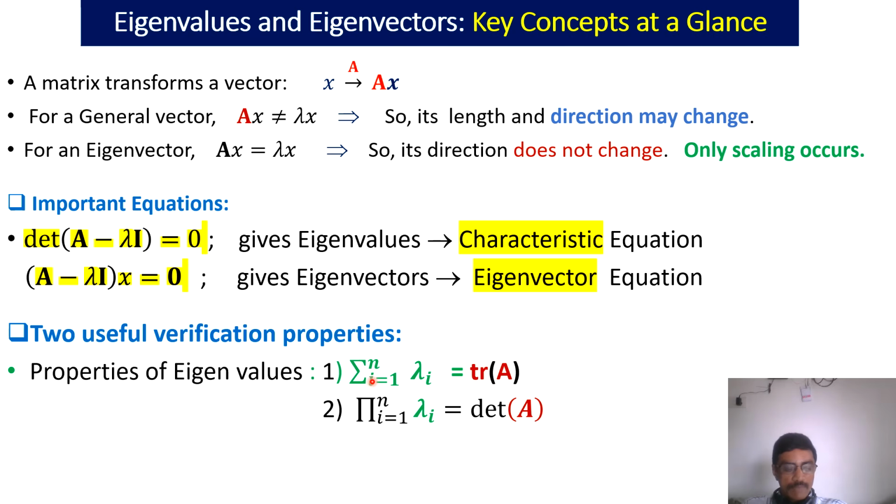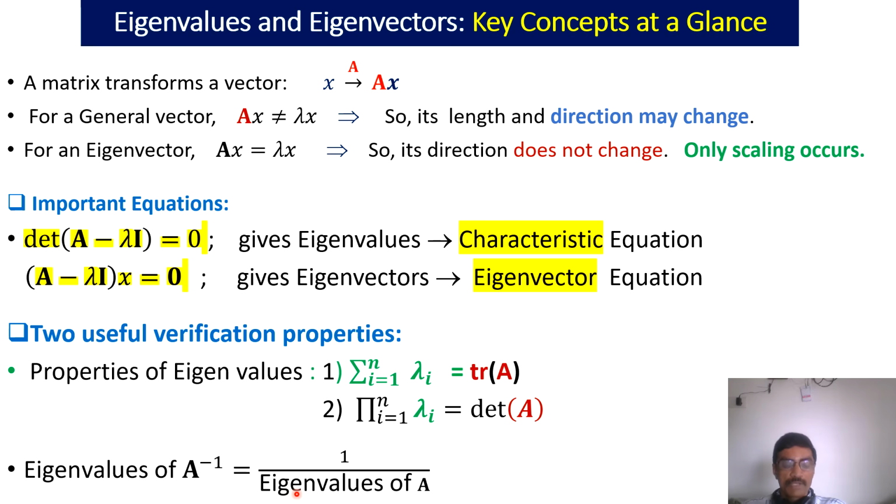The first property is that the sum of the eigenvalues always equals the trace of the matrix A. The second property is that the product of the eigenvalues equals the determinant of A. The last property is that the eigenvalues of A inverse are the reciprocals of the eigenvalues of matrix A. In the next slide, we compare a general vector and an eigenvector using graphical and numerical examples.